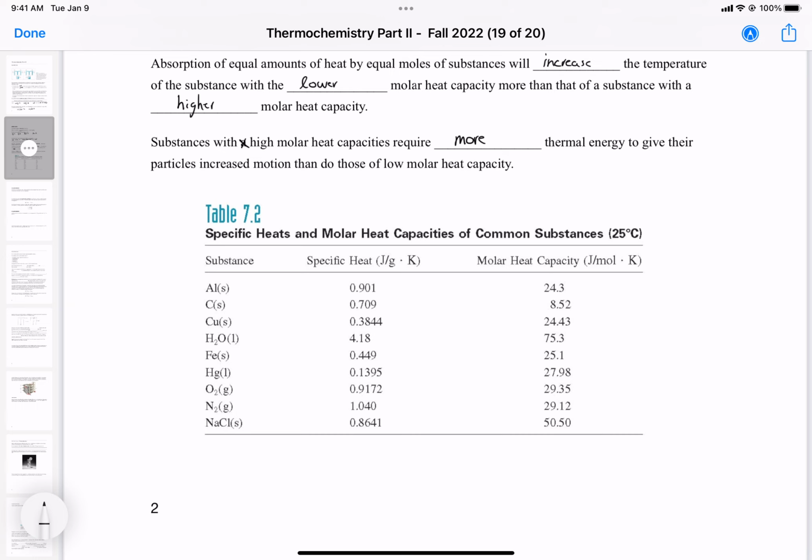And non-metals like gases tend to have low heat capacities as well. Mercury has one of the smallest heat capacities on this list. And water is the highest with 4.18, and the molar heat capacity is pretty high.